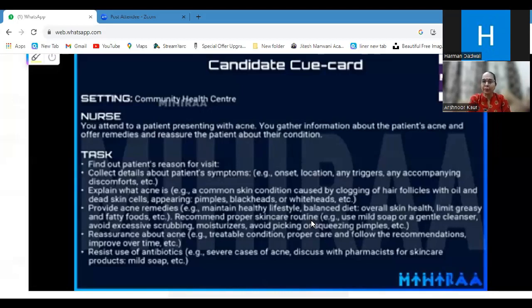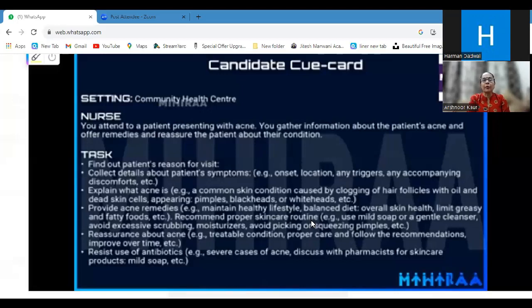Do not squeeze your pimples. These are all the remedies or the measures you have told the patient to get relief from the acne. At the end, you have given a solution that you have to use antibiotics, and you can contact your pharmacist to suggest good antibiotics for this problem.